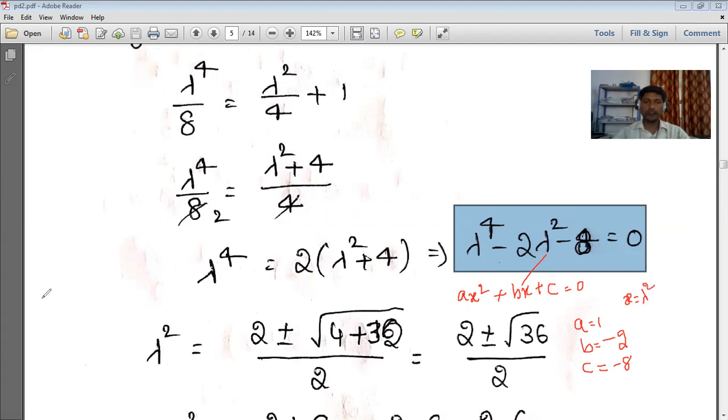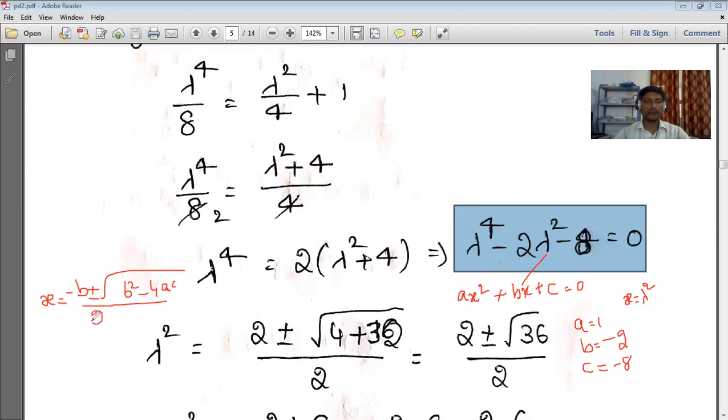Then which formula are we using for finding the roots? If it is ax square plus bx plus c, then we use the formula x is equal to minus b plus or minus square root of b square minus 4ac by 2a. So this is the formula we are using to find the roots.